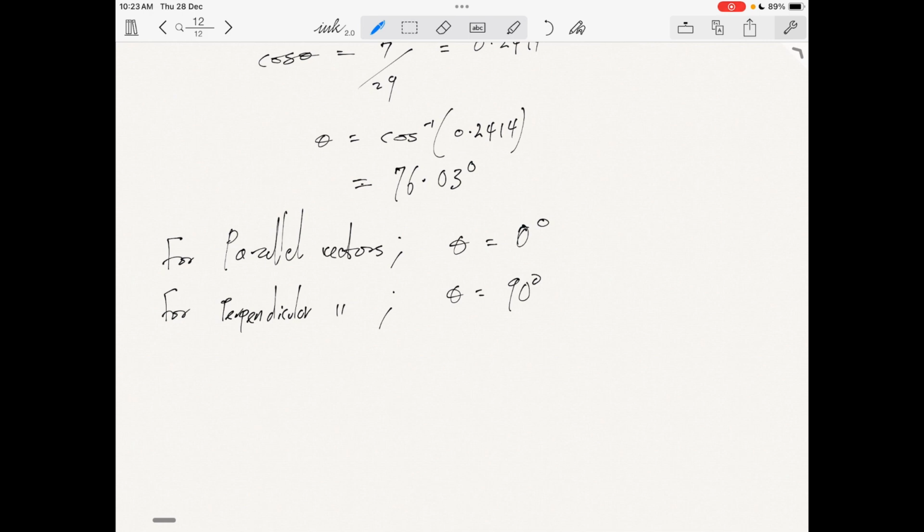Parallel vectors, 0 degrees; perpendicular vectors, 90 degrees. This is very important.